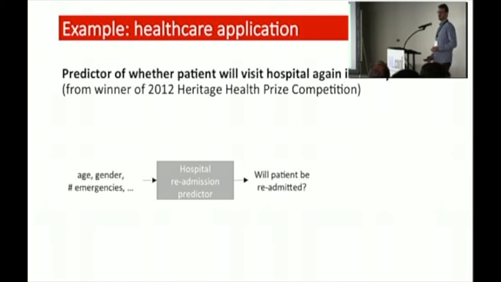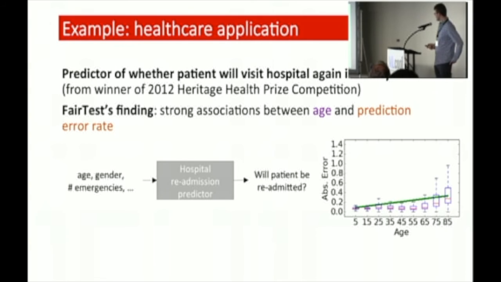So in a perfect world, your algorithm would just have 0 error. Then it's a good predictor. That's good. But what we found is that there's an extremely significant correlation between your age and how much error the algorithm will have on your prediction.